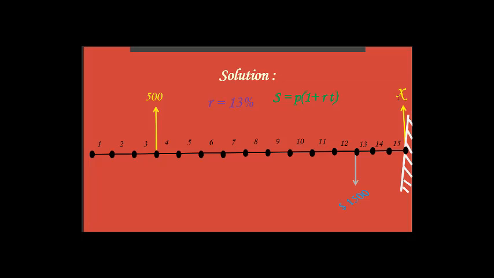We have 2 new obligations, 500 plus X. So the value of 500 equals 500 times 1 plus RT, and the value of X will be equal to X. Now we need to calculate the time for the old and the new obligations.